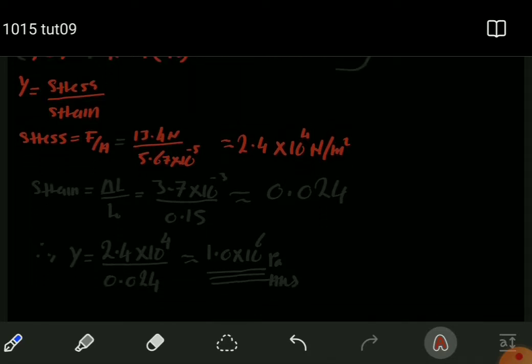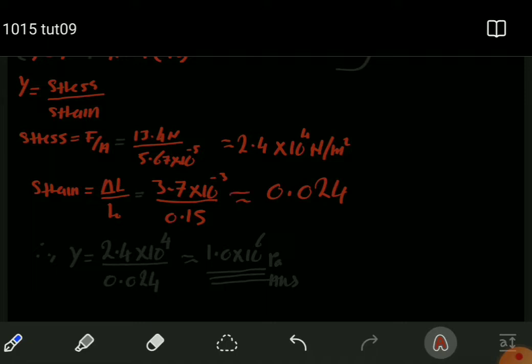Then we go ahead and obtain the strain. The strain is usually given as the extension divided by the original length. The extension converted to meters is 3.7 times 10 to the minus 3, divided by the original length, also converted to meters, which is 0.15 meters, and it gives us a strain, which is a ratio, of about 0.024.